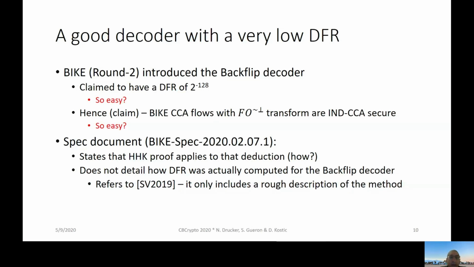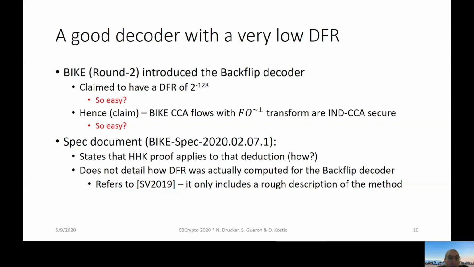Now the spec actually states that the HHK proof applies to this deduction, but there are not enough details on how this applies, and there are not sufficient details on how the DFR was actually computed for the Backflip decoder.